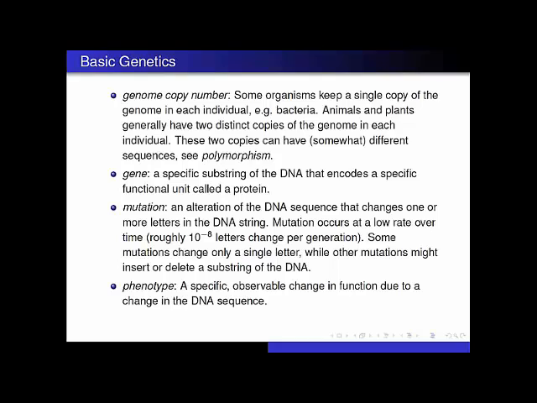Okay, so a few slight complications to the mix. Simple organisms like bacteria commonly keep just a single copy of the genome in each individual. But sexually reproducing organisms like animals and plants keep two copies. And this basically gives you all sorts of benefits, which we'll talk about in a moment. But one crucial point here is that now that you have two copies, they're not necessarily identical, right?